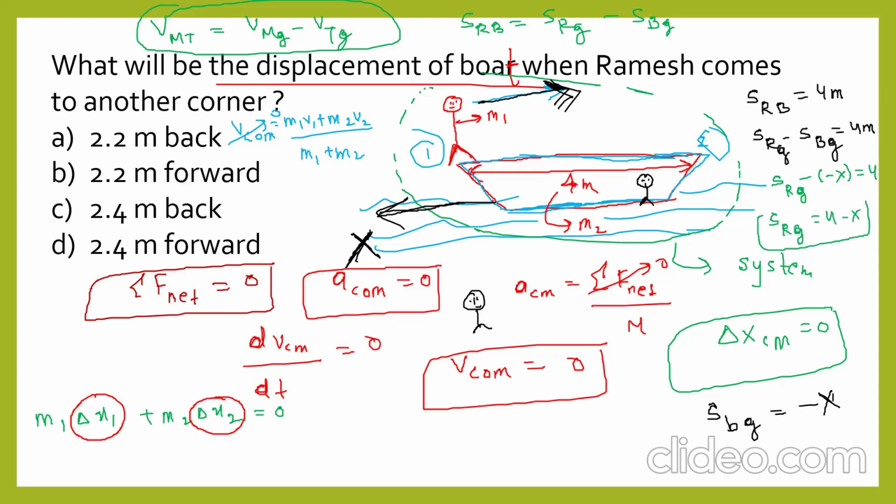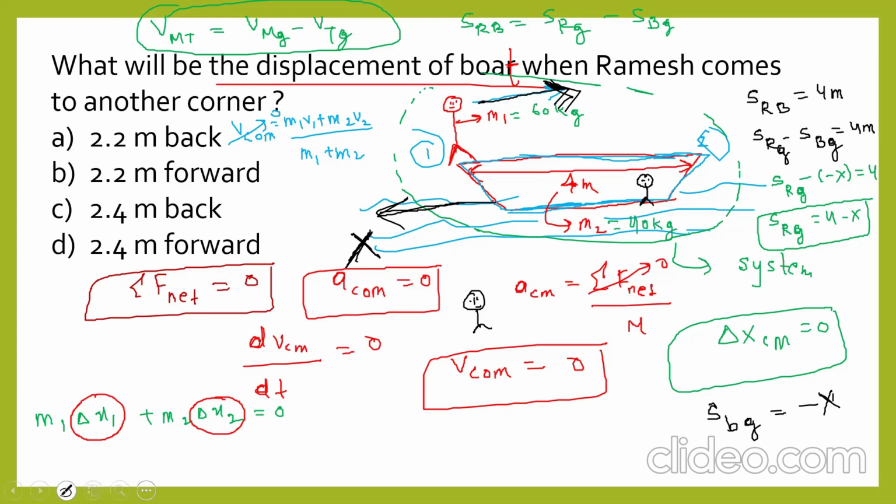Now put the value of mass of the person. This person has a mass of 60 kg, and the 4 m. Mass m2 will be 40 kg.